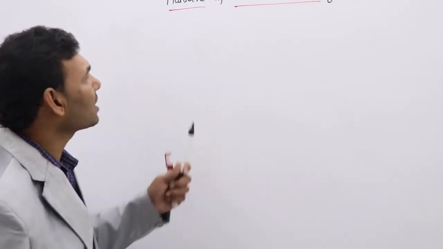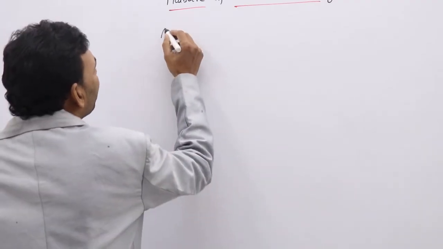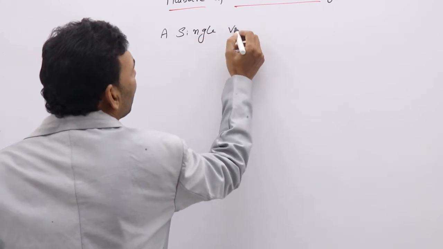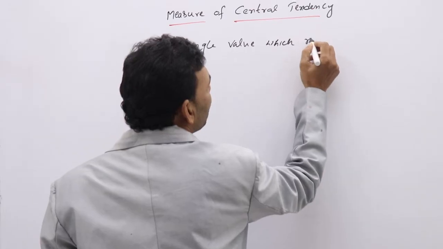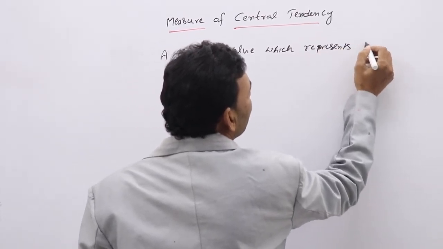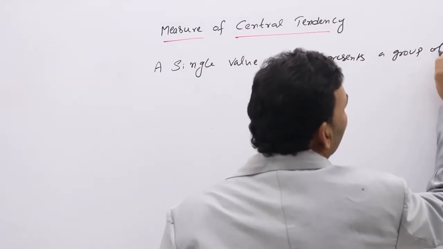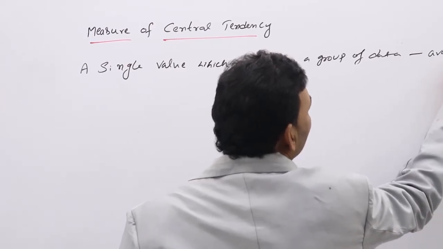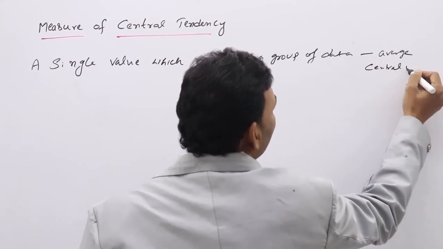So that is what central tendency discusses: in one word, a single value which represents a group of data or a large data. We can call it average or central value.